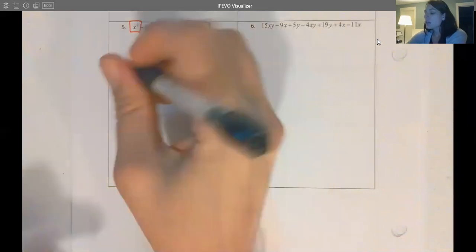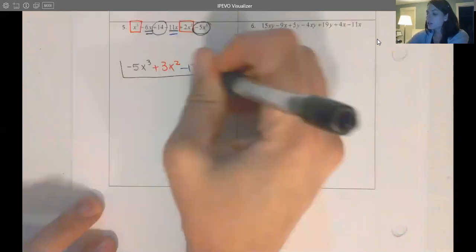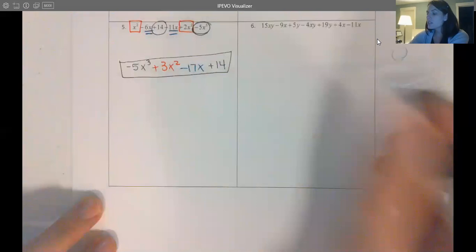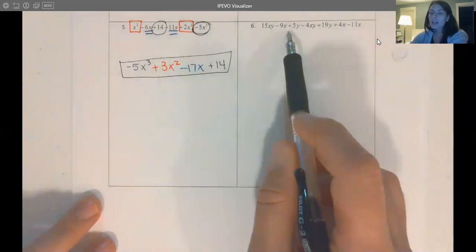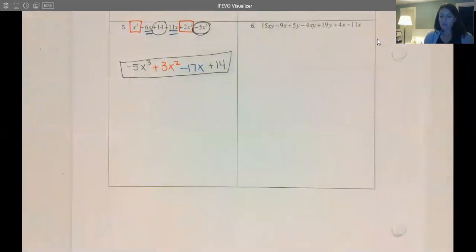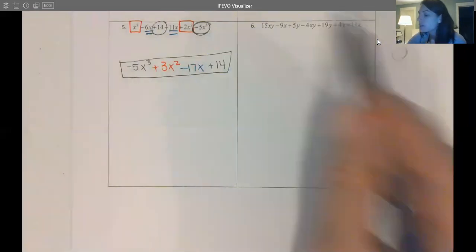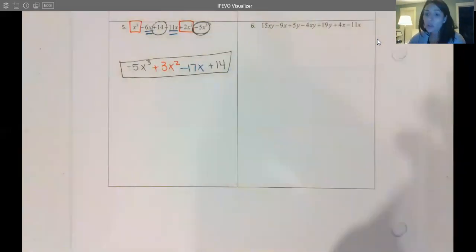And I really only care about this when I have a single variable term. So on 6, you'll notice I have like an xy, and then just x's, and then just y's. Now in that case, I would like for you to write your answer kind of alphabetical. So when I'm looking at 6, let's just kind of go through and combine things, and then I'm going to rewrite it at the end.